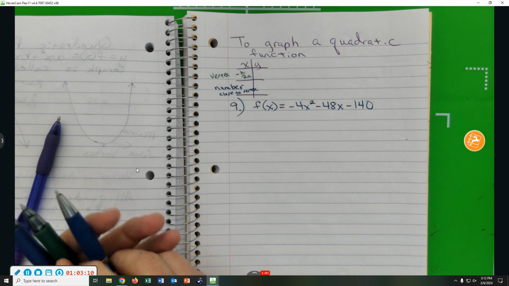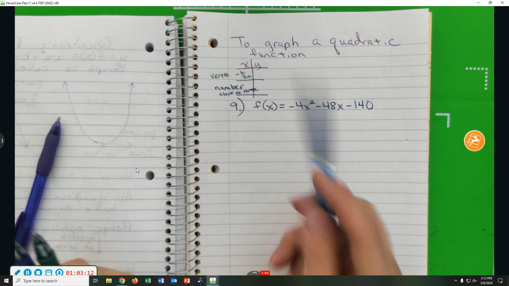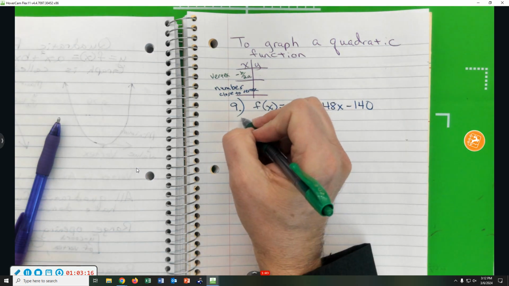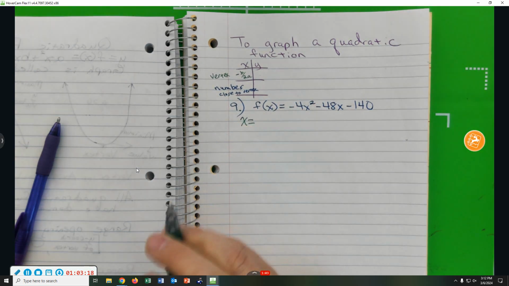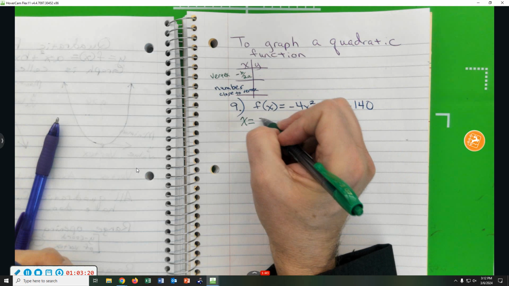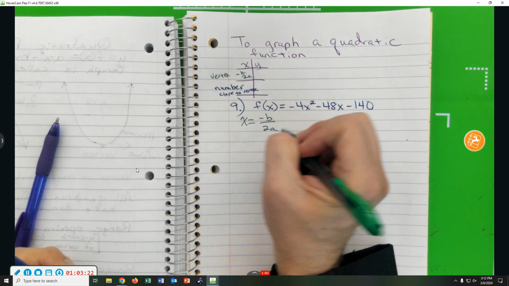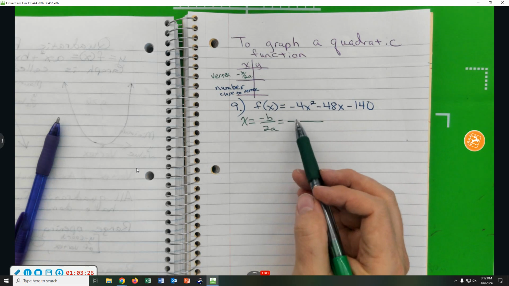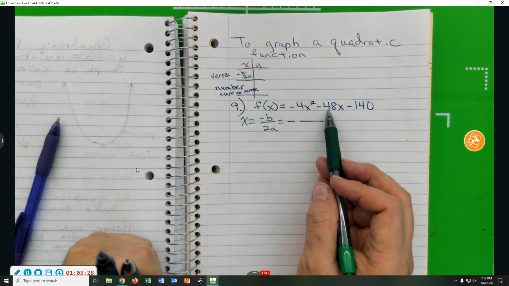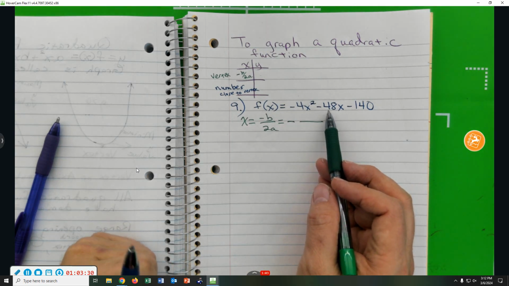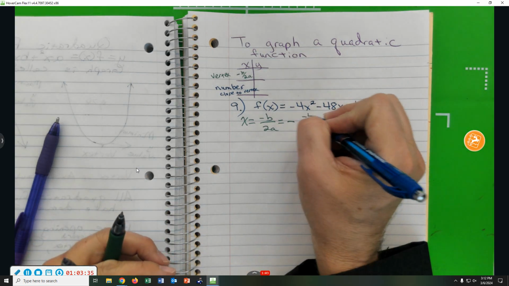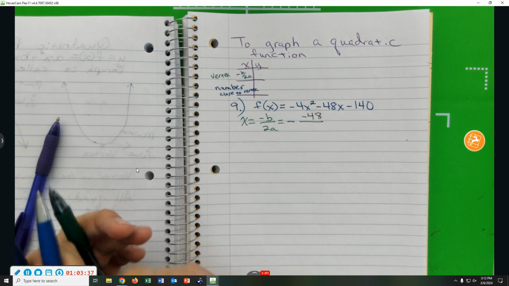So, let's use our vertex formula. x equals negative b over 2a. b and a are just like with the quadratic formula. What's b? Negative 48. Watch those double negatives.